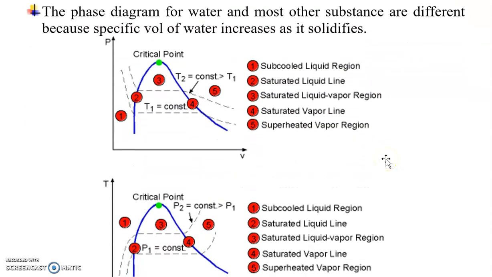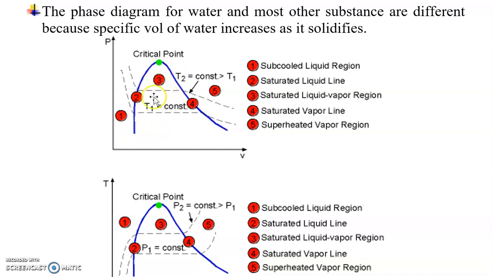Let's have a look at the property diagram here for PV and TV, at the lines and the regions. Now, the region on the left of this line is called the subcooled liquid region or compressed liquid region. It's the same thing. The line itself is the saturated liquid line.